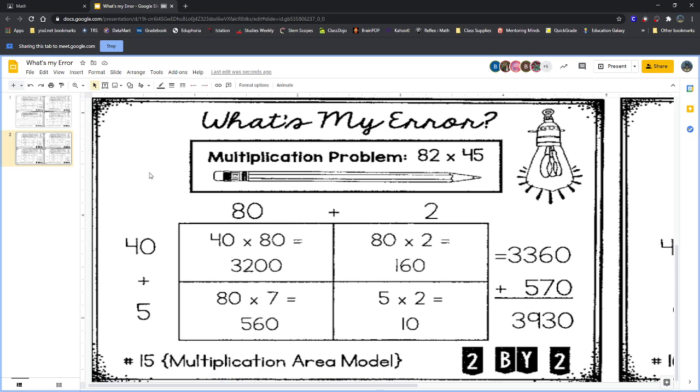Next problem, 82 times 45. Where is their mistake in 82 times 45? What mistake did they make? Bailey, see the mistake?